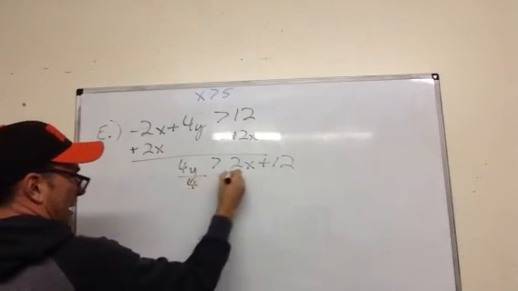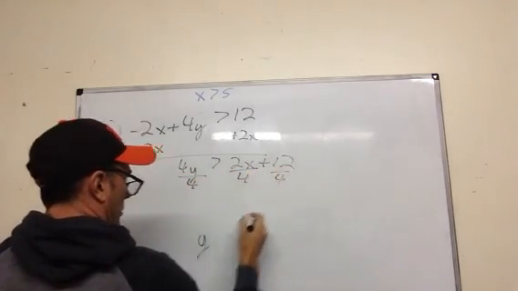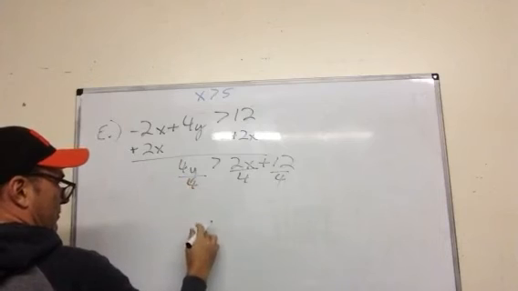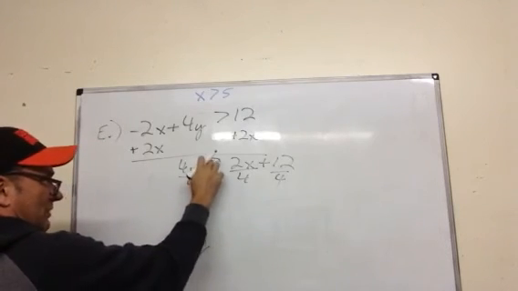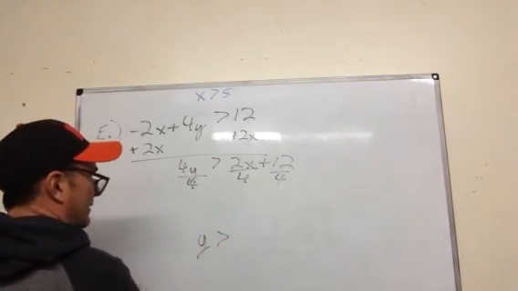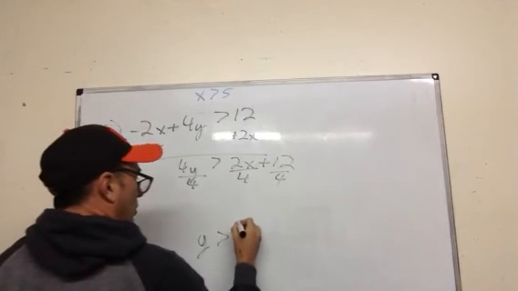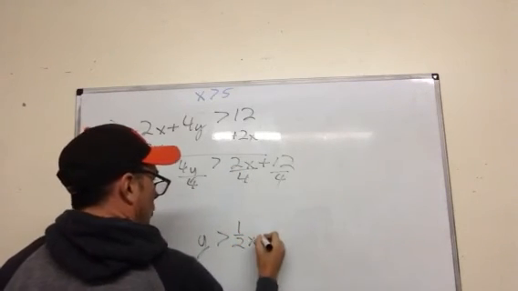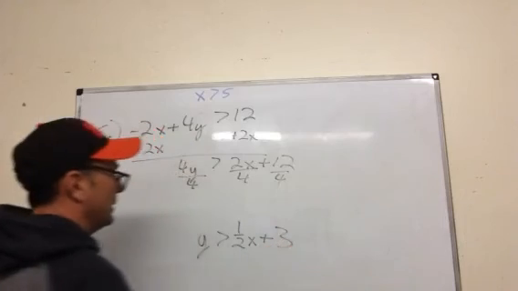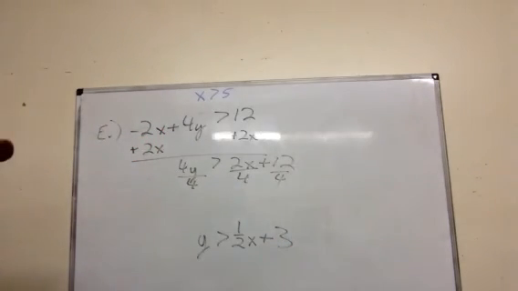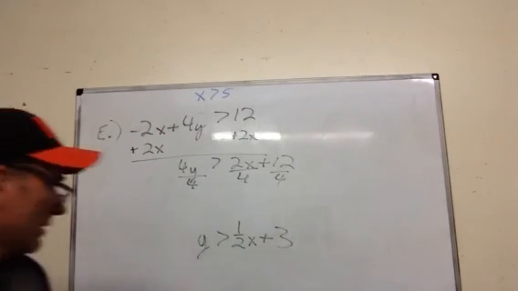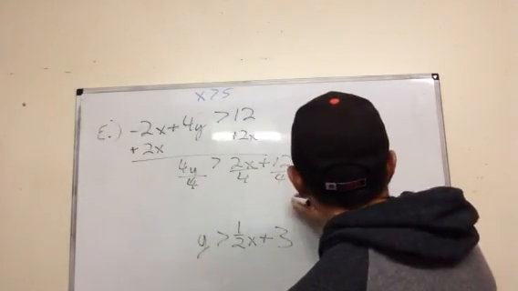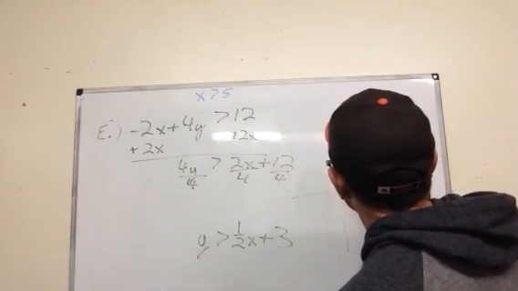Divide everything by 4. This ends up just being y. I do not have to change the direction because I did not divide by a negative. 2 over 4 is just 1/2 x, and 12 over 4 is 3. Now we can graph this. The y-intercept is 3. So again, I'm starting up here.